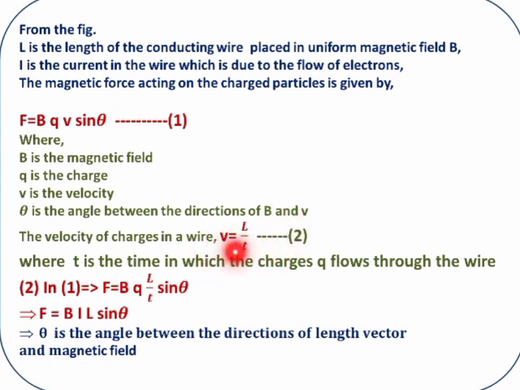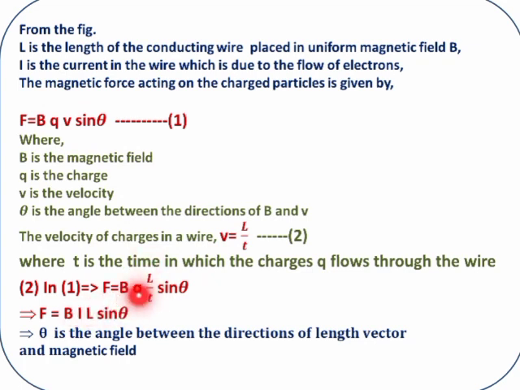So velocity is equal to length divided by time. You can call this equation number 2. Equation 2 in 1 means we have to substitute the V value in this equation. Then F is equal to B Q L divided by T sin theta. All factors are the same except this V. Instead of V, L by T.